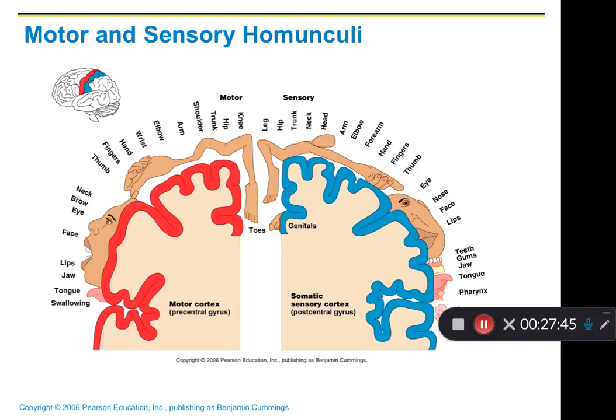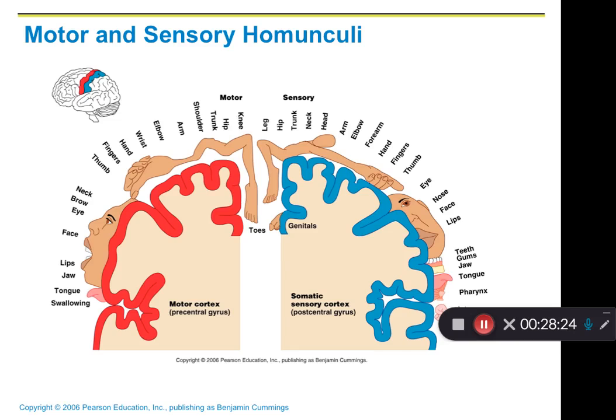So this is the parietal cortex. We can see the parietal cortex innervates the limbs, our feet and hands. Most of the parietal cortex innervates the hands and the feet, because our hands and feet have more receptors.